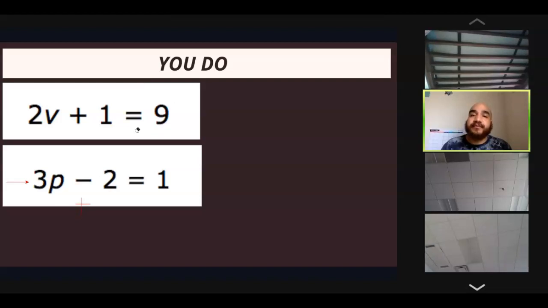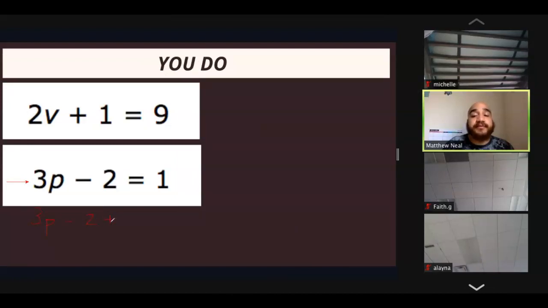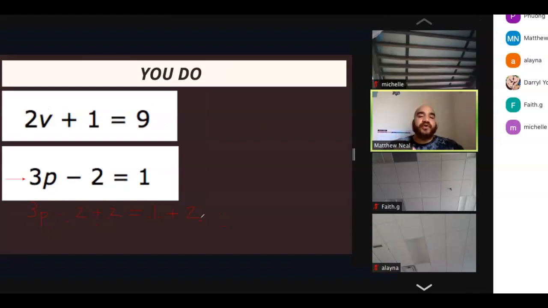So in a sense, everybody else just hang tight. It should look like this, Faith, and everybody else. That's how your first step should be set up. Maybe when we put the number under our original equation, maybe that's what's throwing everybody off.